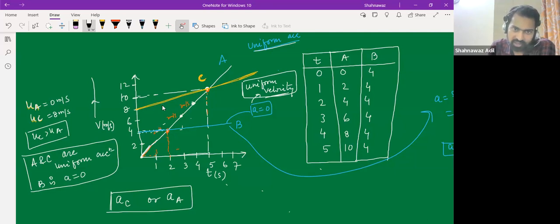Which one has the greater slope, A or C?